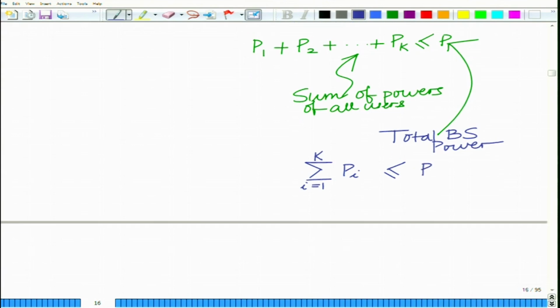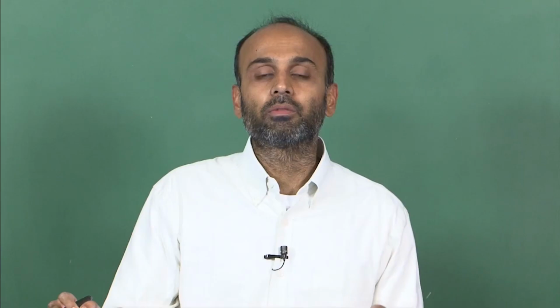And you can see this constraint, P1 plus P2 plus up to Pk less than or equal to P, is nothing but a half space constraint, because it is a linear combination of P1 plus P2 plus Pk. You can consider the weighting coefficients a1, a2, up to ak to be unity, that is 1, and therefore we have P1 plus P2 plus up to Pk less than or equal to P. This in fact represents a half space.